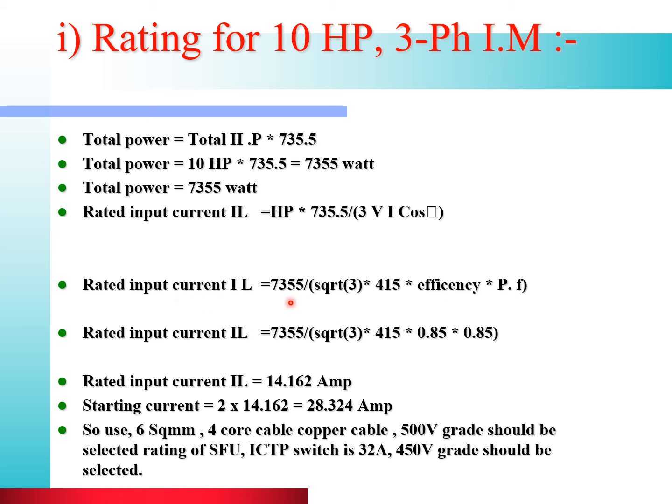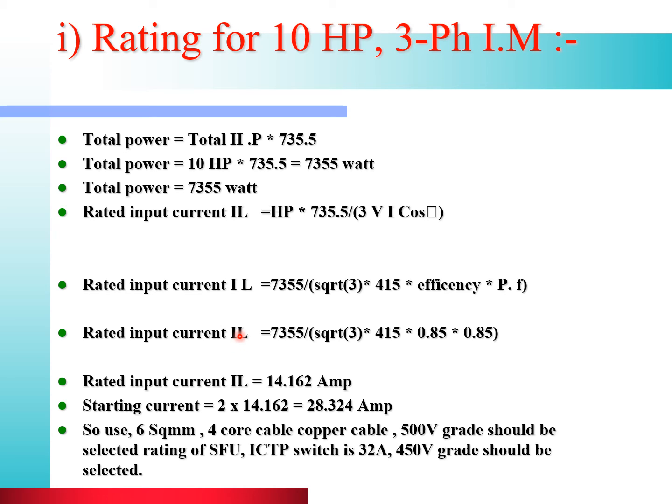Here the rated input current is calculated by total horsepower divided by root 3, 415 volt, efficiency, multiplied by the power factor. So efficiency is given 0.85, power factor is given 0.85. From that you have to calculate the rated current.